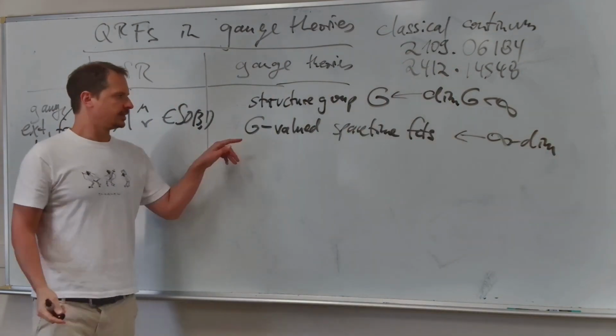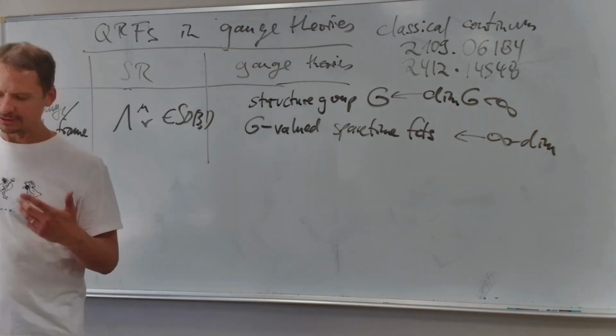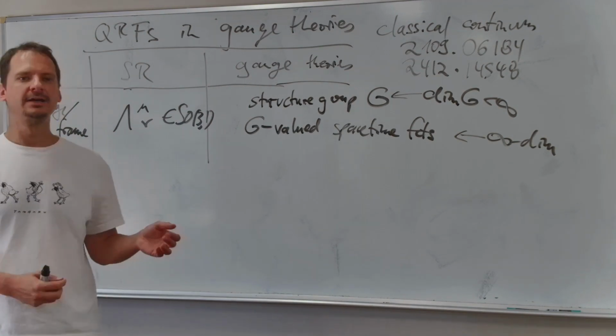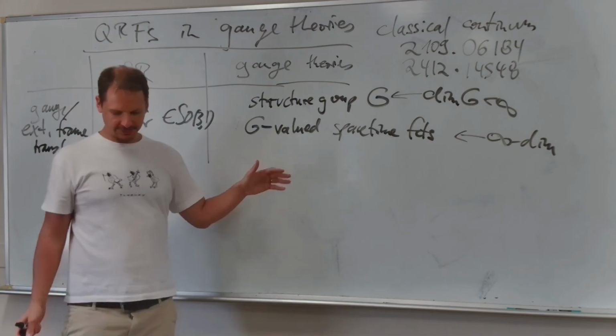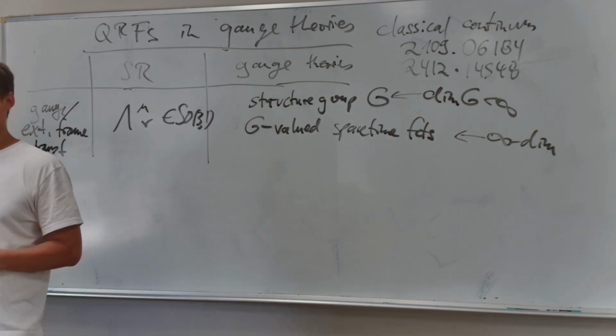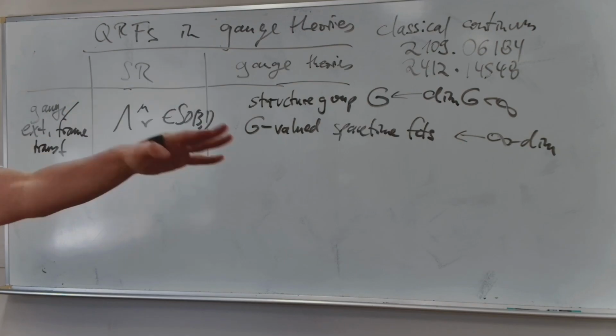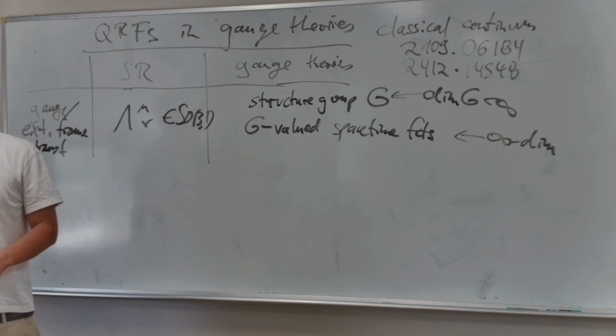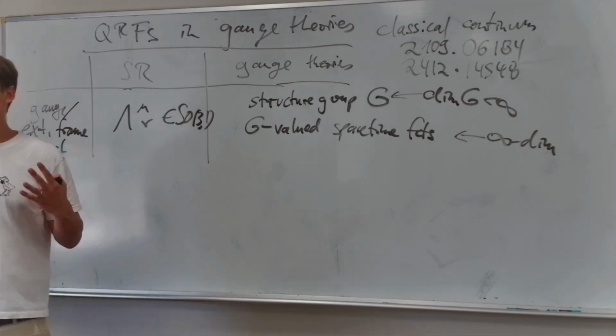Now, in general, you have to specify also what kind of G-valued spacetime functions you mean. In Minkowski space, for instance, there would be G-valued functions with the additional condition that they fall off sufficiently quickly towards the asymptotics, so zero support on the asymptotic boundary.